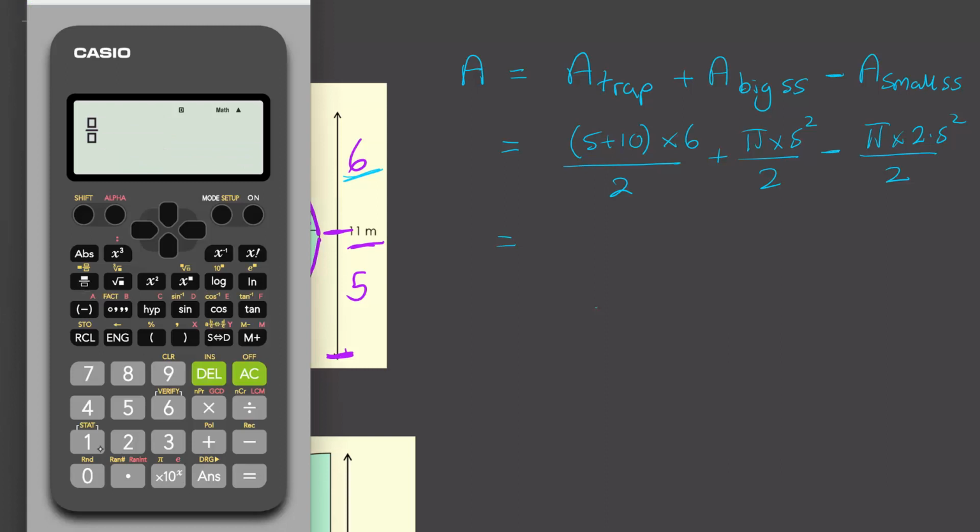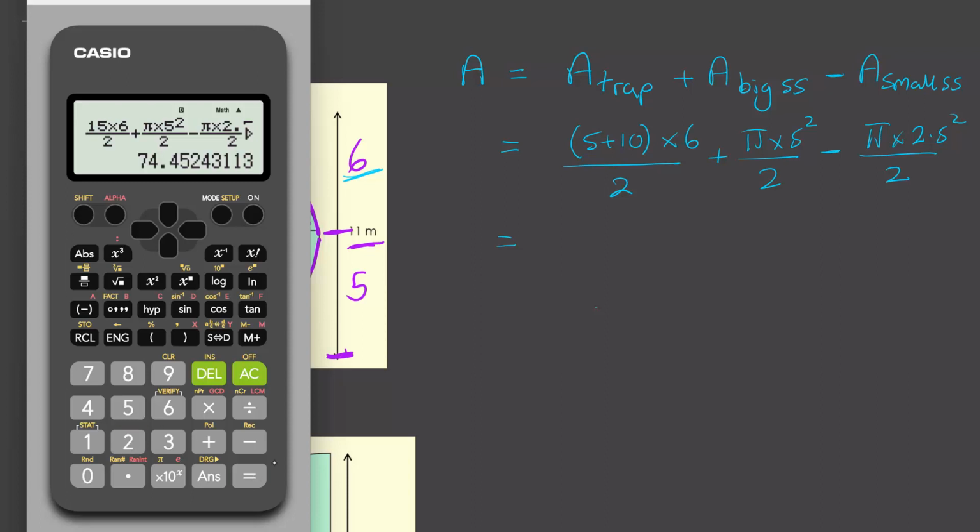So 5 plus 10 is 15, so we've got 15 times 6 divided by 2. And then we're adding pi times 5 squared divided by 2. And then we're subtracting pi times 2.5 squared divided by 2.